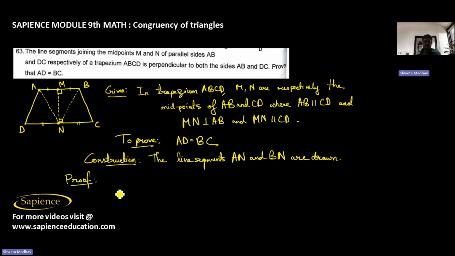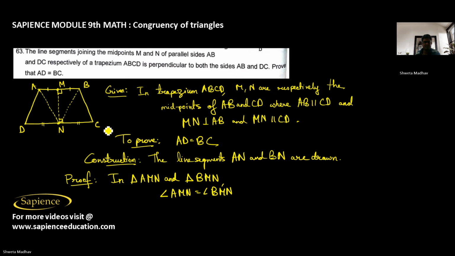So the proof is that in triangle AMN and triangle BMN, angle AMN is equal to angle BMN, equal to 90 degrees, which is given.